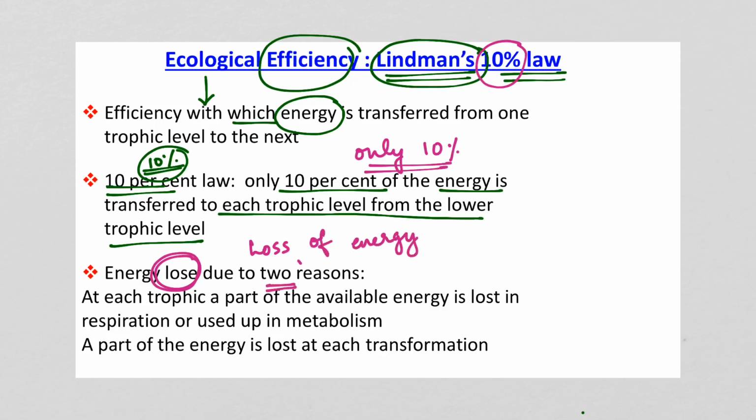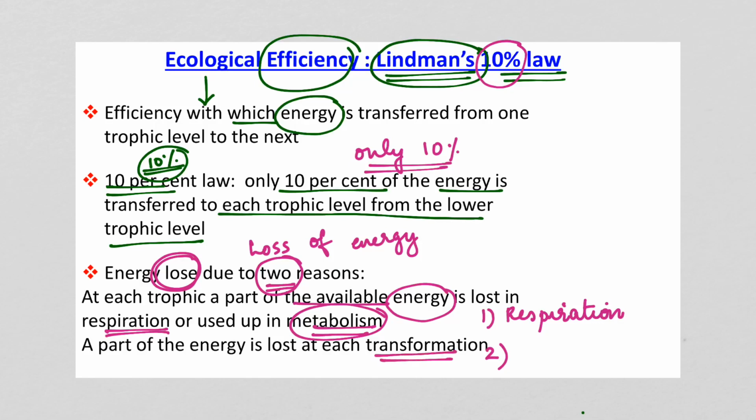And according to Lindeman, there can be two reasons for loss of energy. One is that at each trophic level, a part of the available energy is lost in respiration or used up in metabolism. So the first reason is respiration. The second one is that a part of the energy is lost at each transformation.